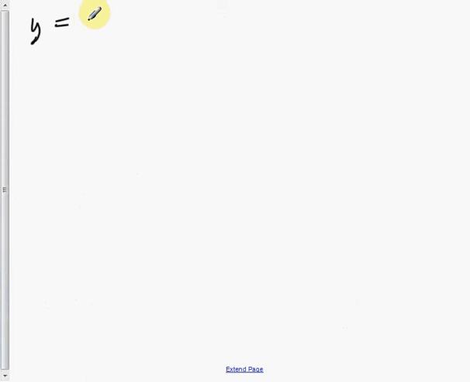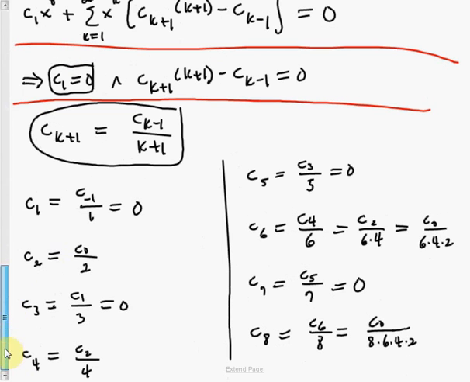So y is set to be of the form c naught plus c1 times x plus c sub 2 times x squared plus c sub 3 times x to the third, and so on. So y is equal to c naught, this guy right here, and that stays the c sub 0.